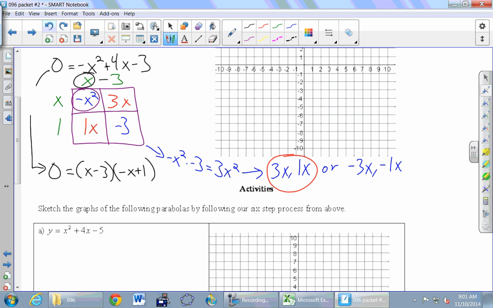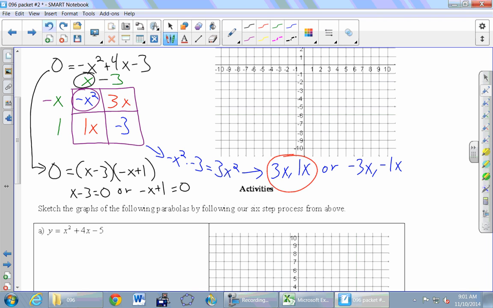All right, so I think we're good here. So I've got that, and then we go to the next step because we factored, and now that it's factored, what do I do with each of these pieces? Set them individually equal to 0. So either x minus 3 is 0, or negative x plus 1 is 0, right?